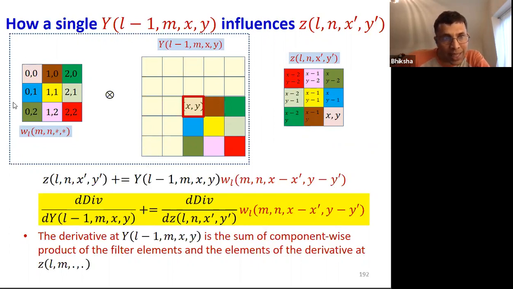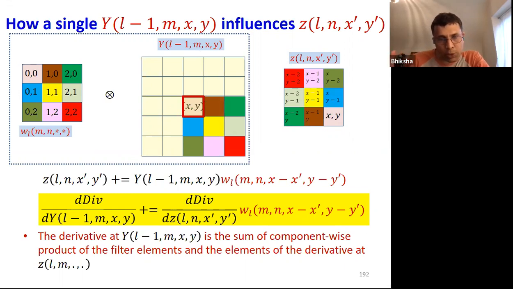So if this is the mth plane of the nth filter, you're going to flip it. You're going to position it with the bottom right corner of the flipped filter on the derivatives for the nth affine map in the nth layer, computing an inner product, and that's going to give you the derivatives at xy for the mth activation map for the L-1th layer.